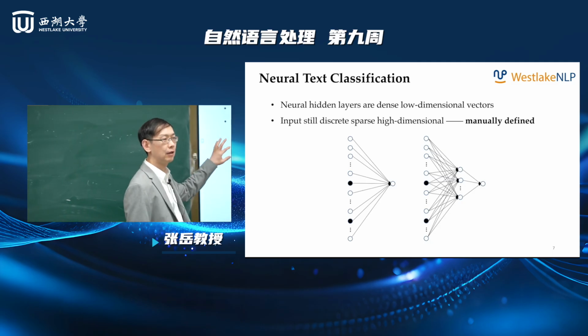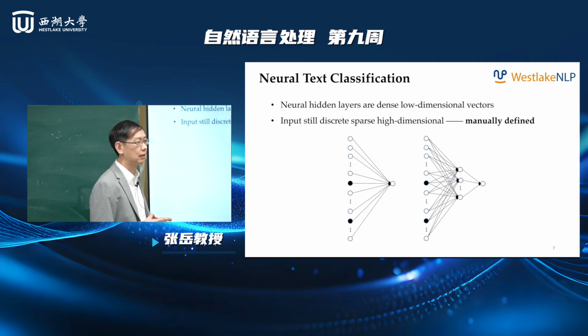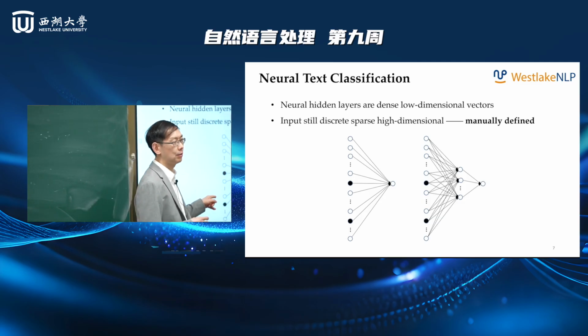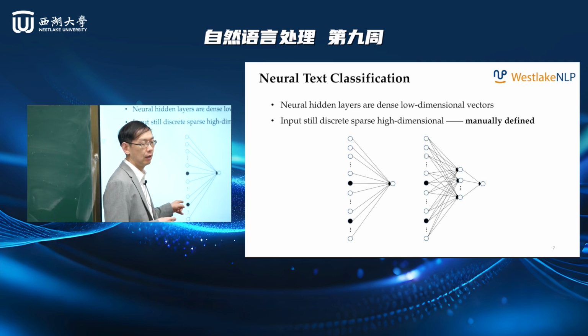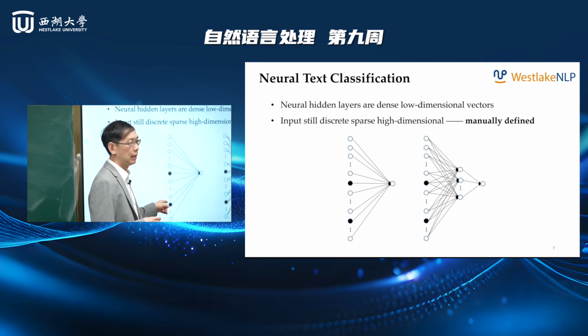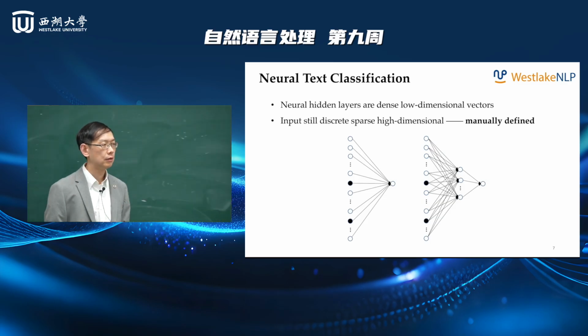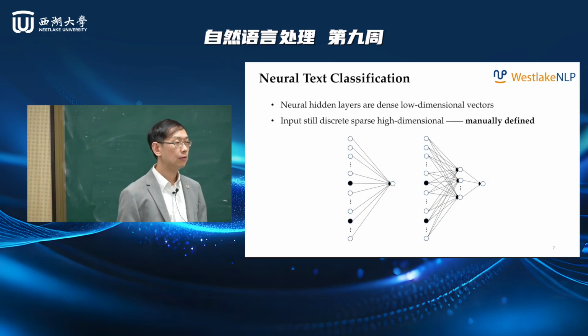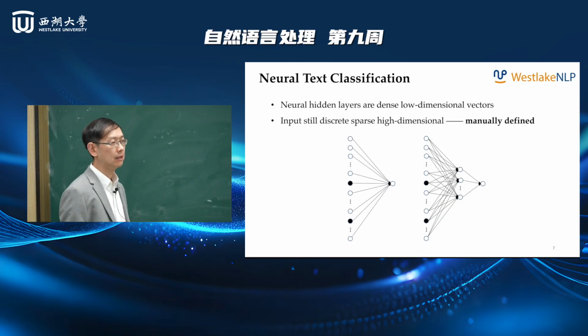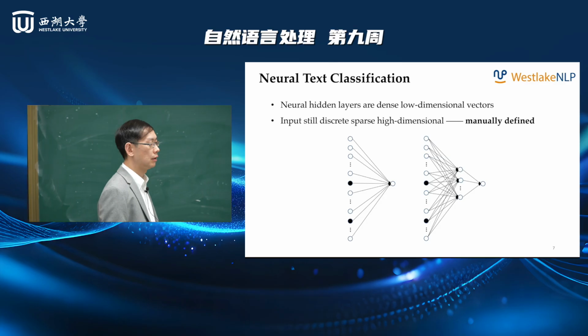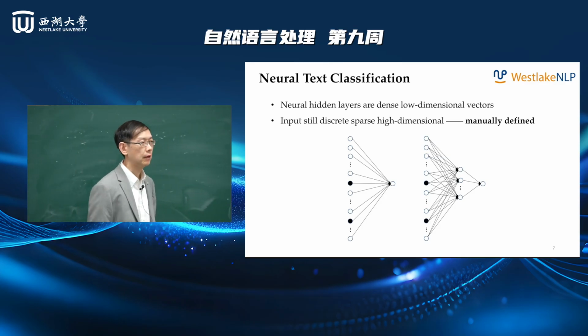So when we have a representation of a document, we pass it through a single layer perceptron, be it perceptron or log linear model. That's a neuron. And last week, we learned we can put it through multi-layer perceptrons to learn more powerful intermediate hidden layers, to improve the nonlinear separability of these classifiers.